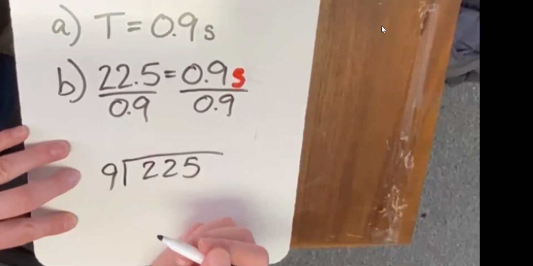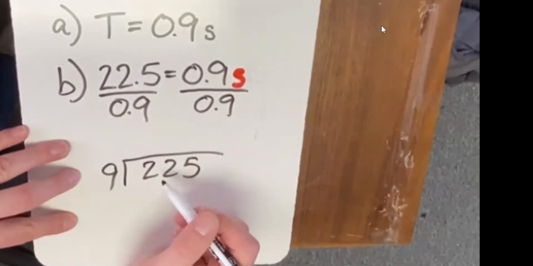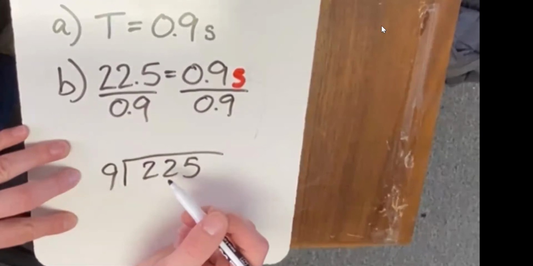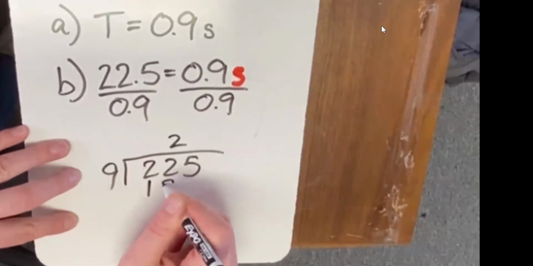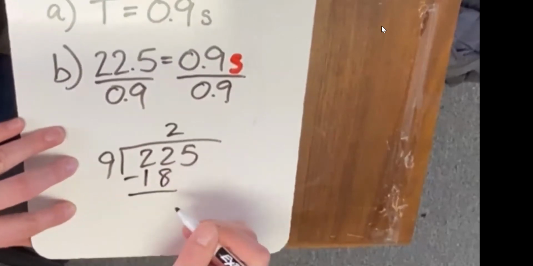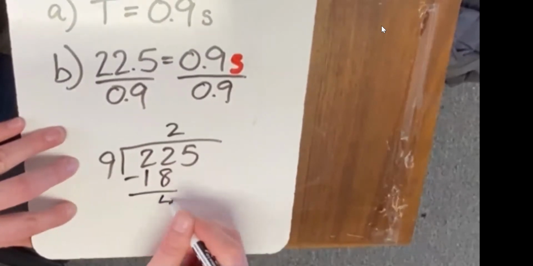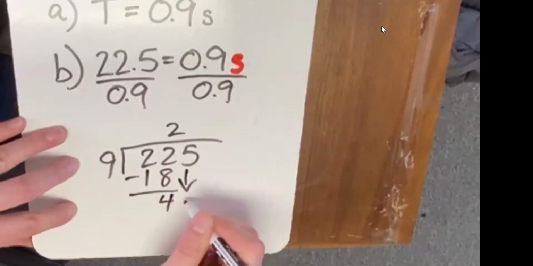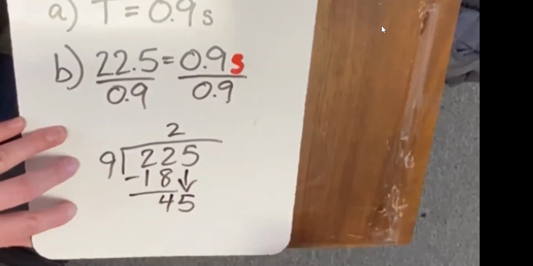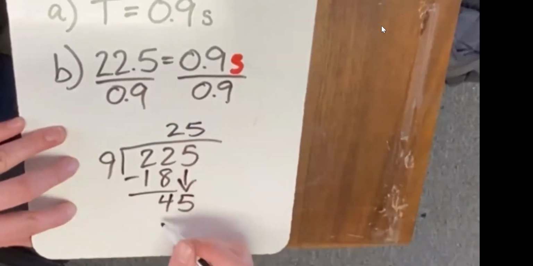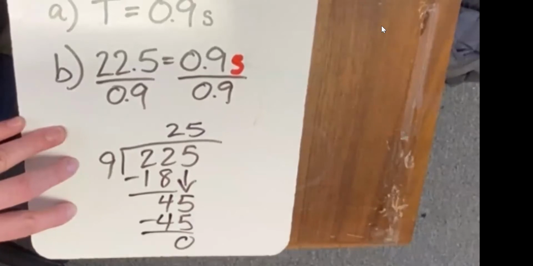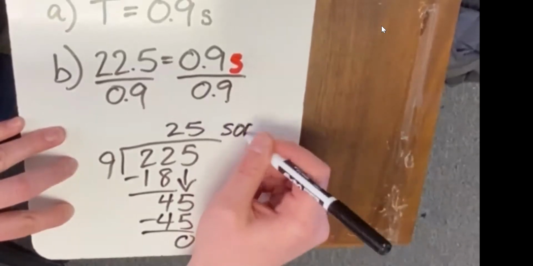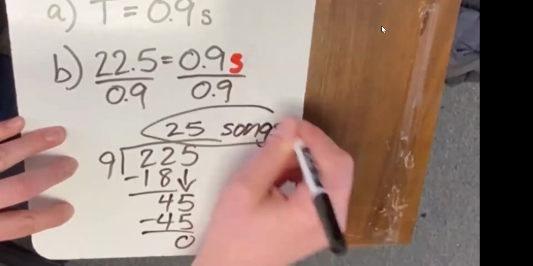Okay, so 9 goes into 22 2 times. 2 times 9 is 18. 22 minus 18 is 4. Bring down my 5. 9 goes into 45 5 times. And I have no remainder, which means that Maria was able to download 25 songs.